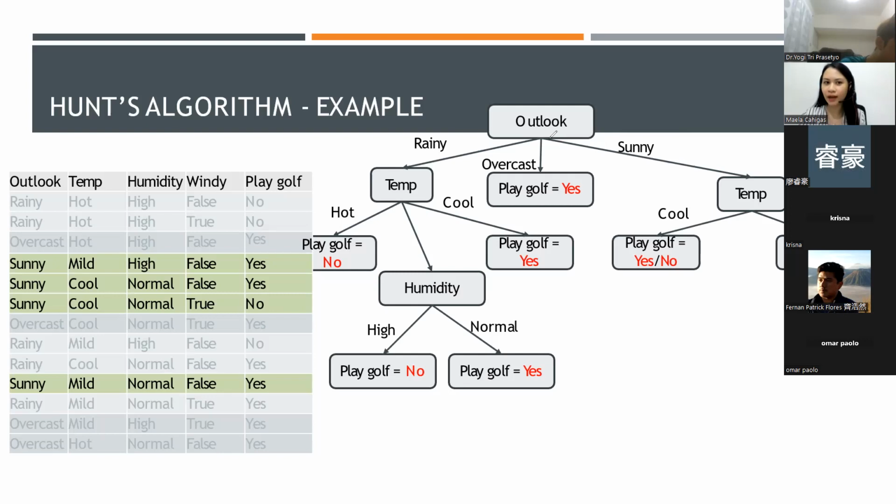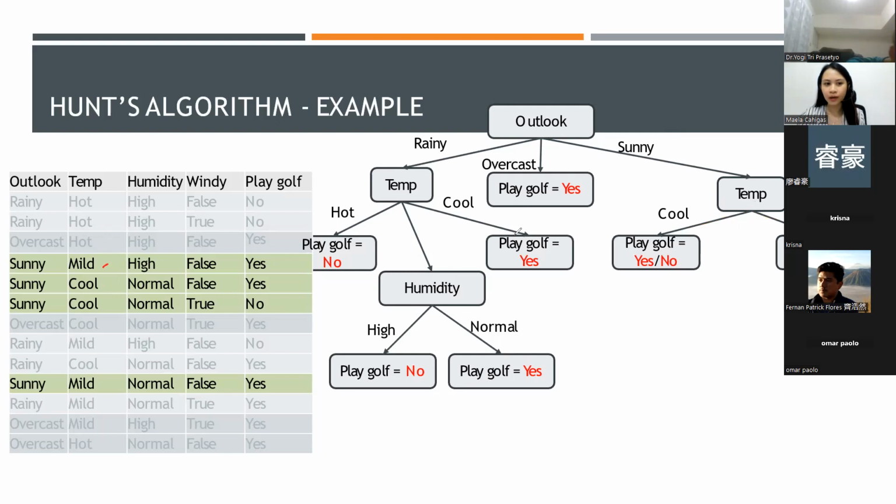So if you have another outlook here, since you have many variables, you have to keep branching out all the variables. Okay, so for temperature, we have mild and cool under sunny. Only mild and cool. That's why we only branched out into two.